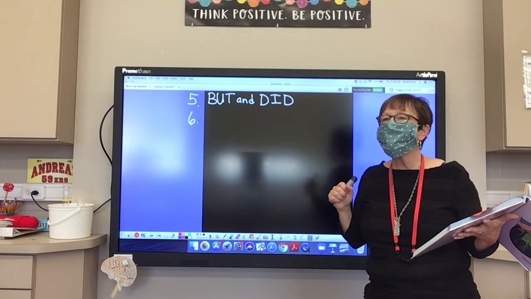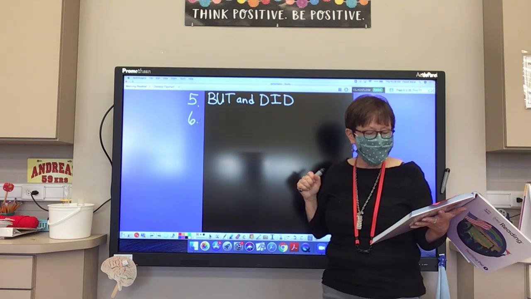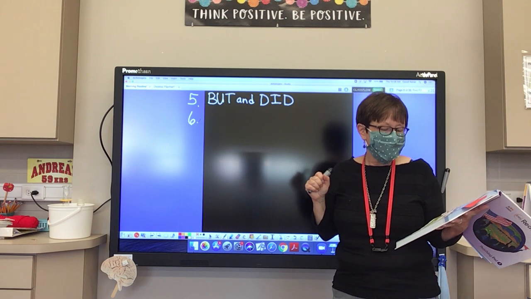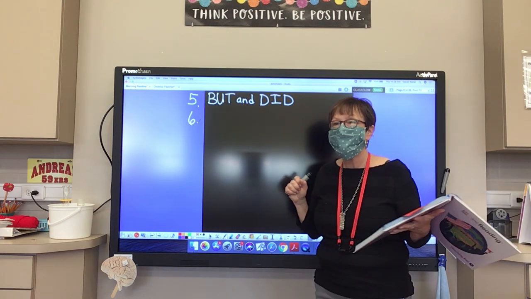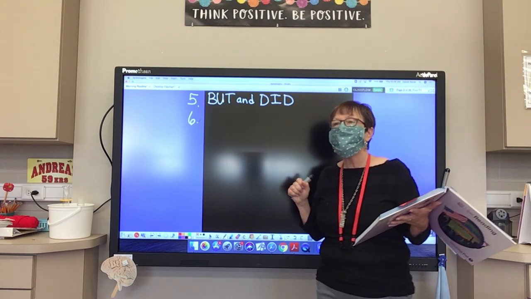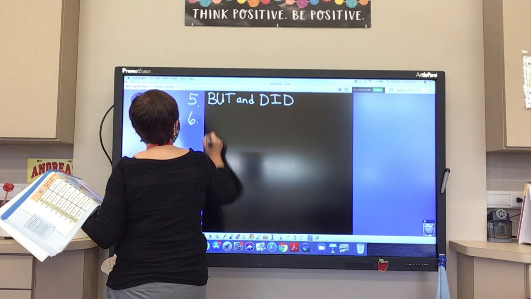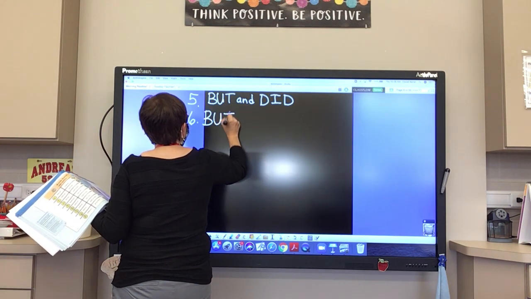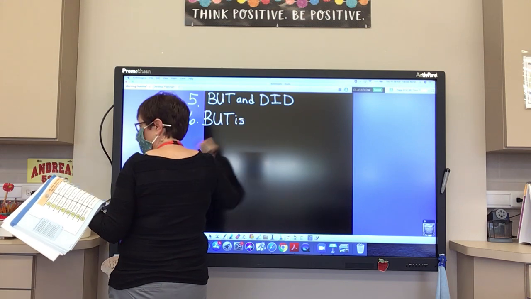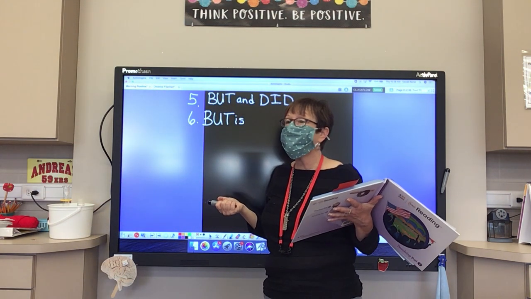And how are they different from the other words? Elisa, how are they different from the other words? What is different about the word but? Look at the word but. How is that different from all the other words on the page? How does it look different to you?